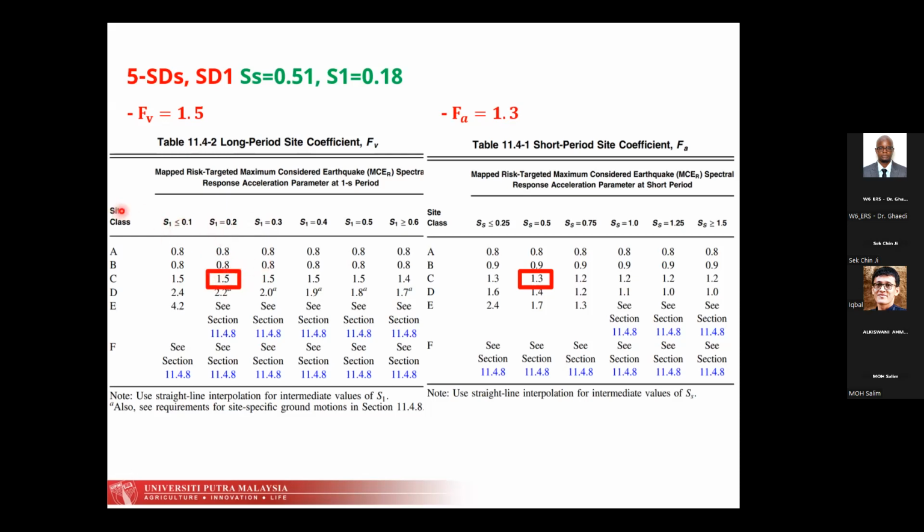We have site class C and S1 approximately 0.18, so we take FV as 1.5. For FA, we have SS approximately 0.5 and site class C, so it is 1.3. As we see here, it amplifies the spectral acceleration.